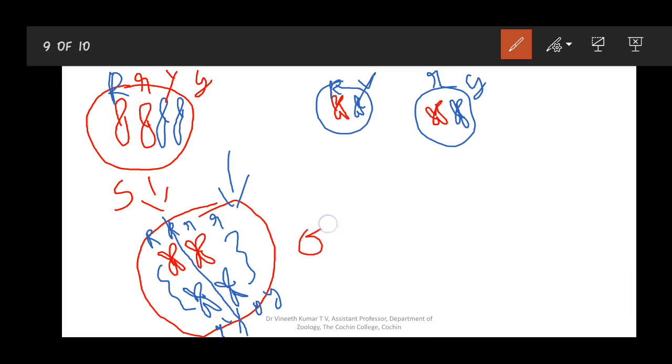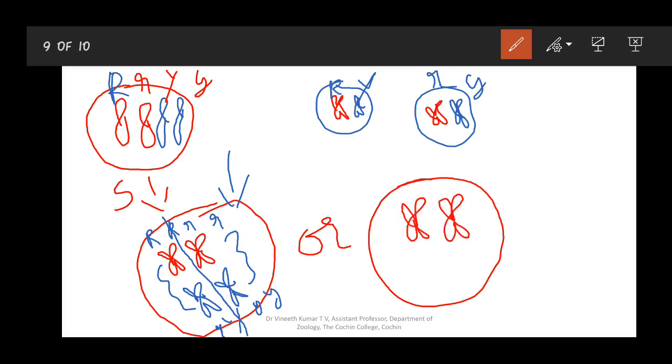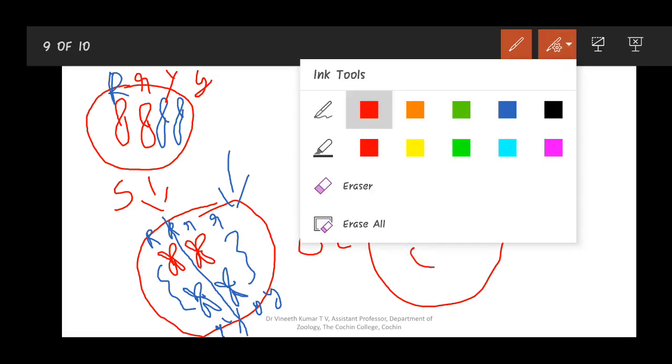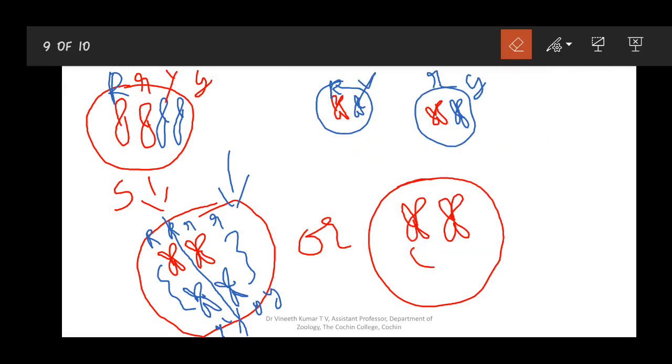This also has an OR possibility of metaphase arrangement, and that will be like this. This was capital R and capital R, so I take the same here. These will be two capital R's, and these are two small r's, two chromatids.